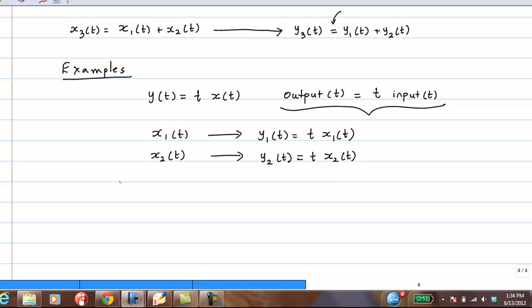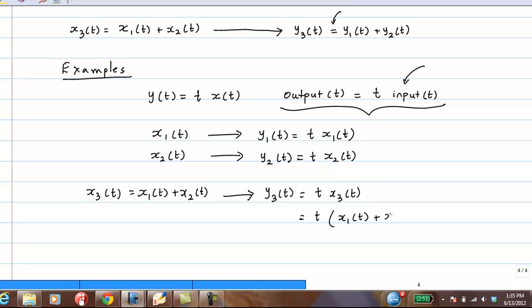Now what I want to do is to consider a third input x3 of t, which is equal to x1 of t plus x2 of t. Now this input-output relationship tells me that the output y3 of t is going to be t times x3 of t, which is t times x1 of t plus x2 of t.